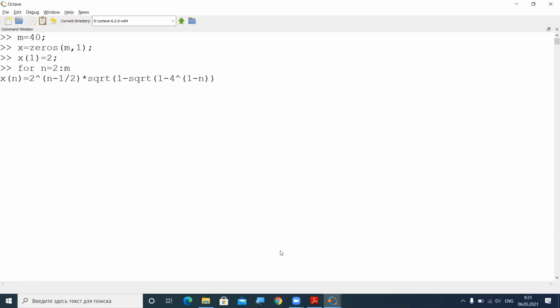In this case, this is not a vector because here we use a loop. For each n, we get the corresponding single value. That's why we put this power without a dot. Do you understand why without the dot here? A little bit. Can you explain again?